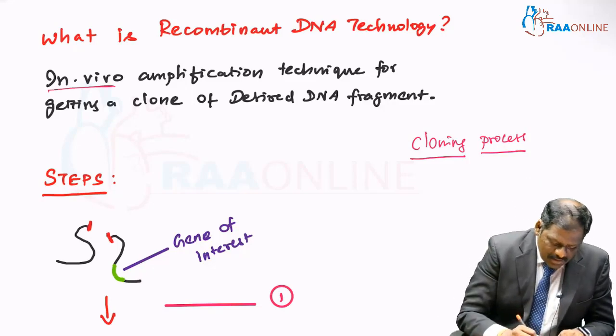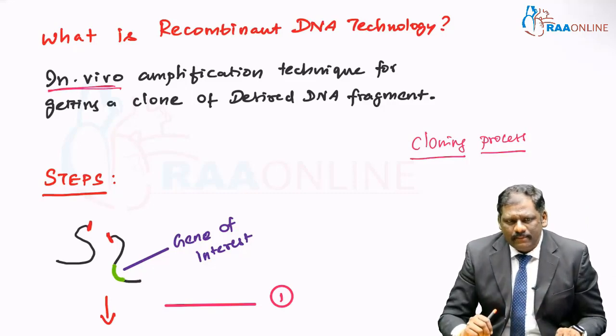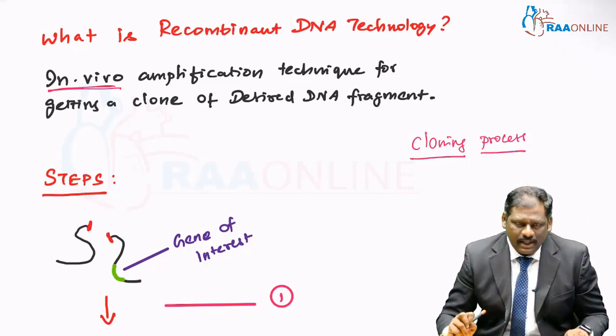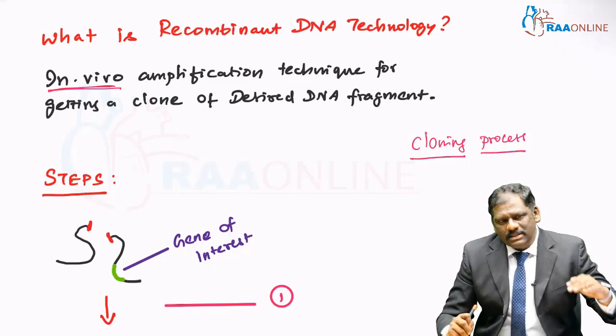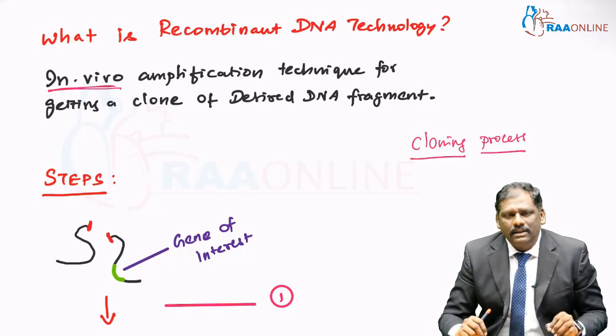It is nothing but the process of replication, wherein from the parent strand you get two daughter strands. But this replication is not occurring naturally.